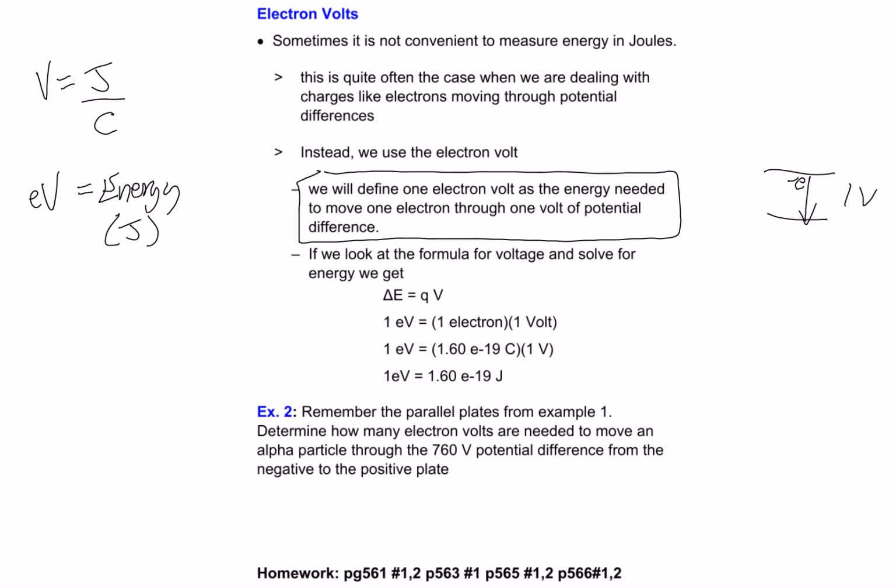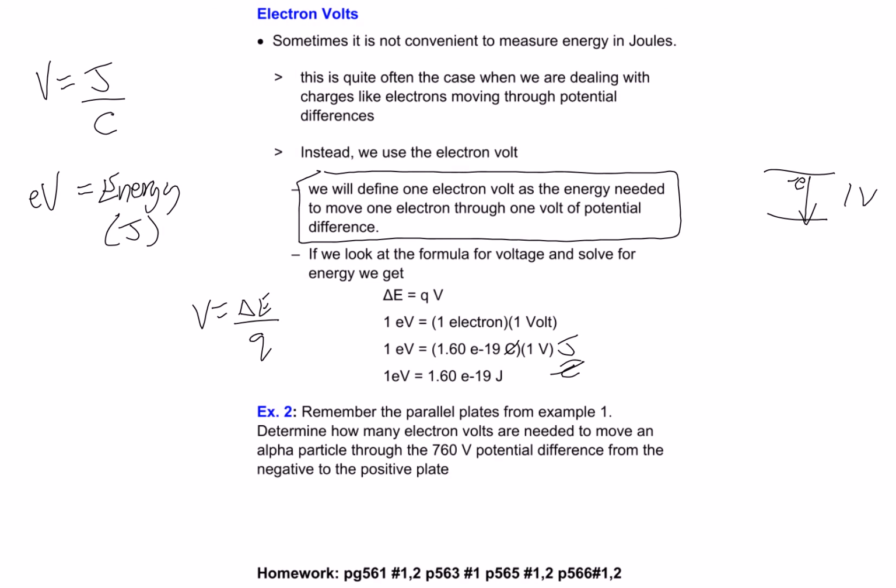So if we actually figure out how much that works out to, we can use our formula we just had, right? Our formula was V equals E over Q. So what we're going to do then is just solve it for energy. So it would be V times Q, or Q times V. We do 1 electron times 1 volt. We know the charge on 1 electron is 1.6 to the negative 19. So we do that times 1 volt, but remember a volt was joule per coulomb.